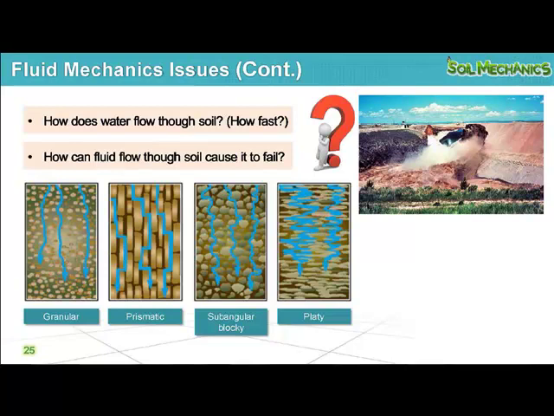How can fluid flow through soil cause it to fail? Like in the photo, we can see this is an earth dam. We construct an earth dam to store water at the upstream.